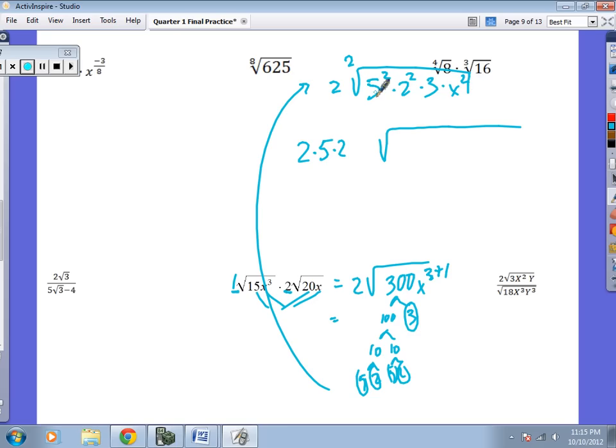Alright, I pulled my 5s out, pulled my 2s out. There's nothing left over. 3, there's not enough, so it stays underneath. X's, I've got 4 of them. I can pull them out in sets of 2. I'm going to pull out 2 of them. So a 2 times a 5 times a 2 is 20x squared on the outside. Underneath, just the square root of 3.